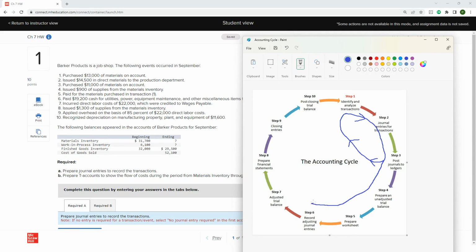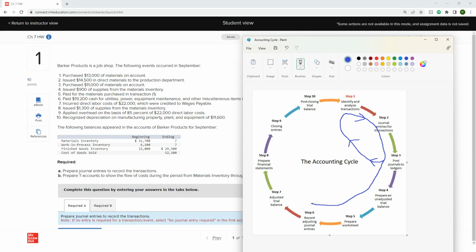Adjusting entries are going to be something like depreciation, where you may have purchased an asset a few years ago, so there's no actual cash or contract created in this period, but you have to depreciate your asset if it's a depreciable asset. So this is where you would record that depreciation.